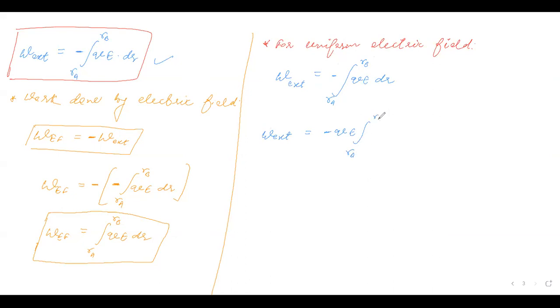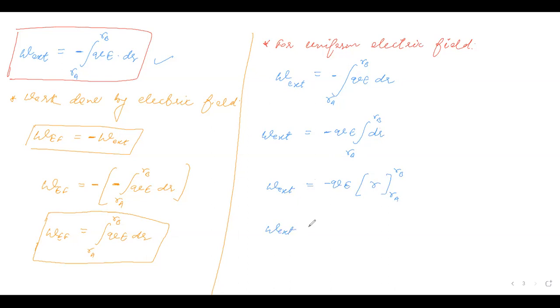This is RA to RB and dr is your differential part. After integrating this dr, you get R. So we can write minus of QE in bracket R from RA to RB. This is your W external.